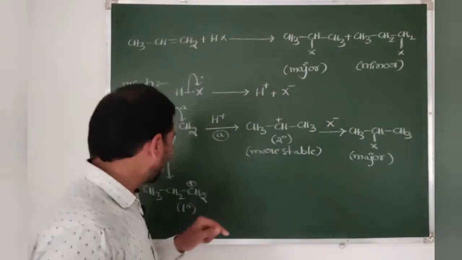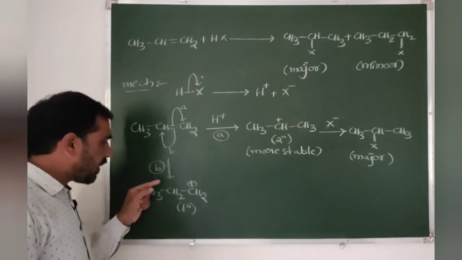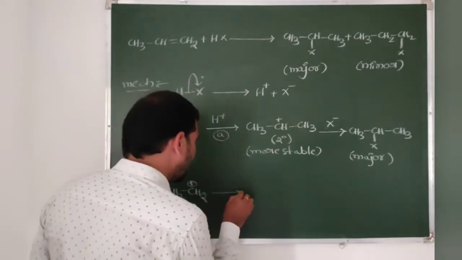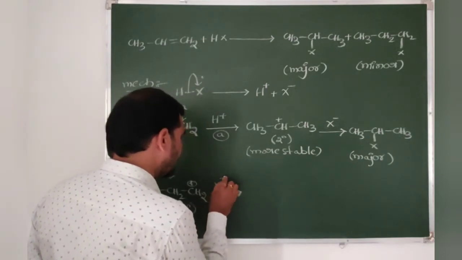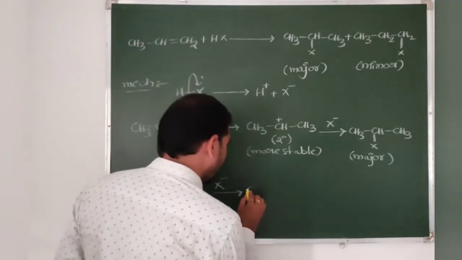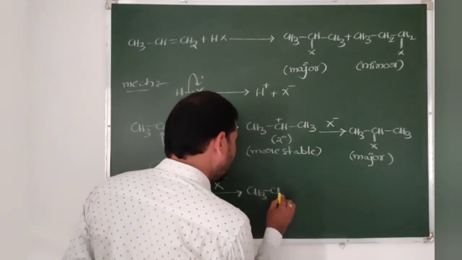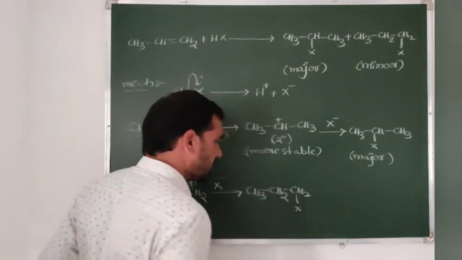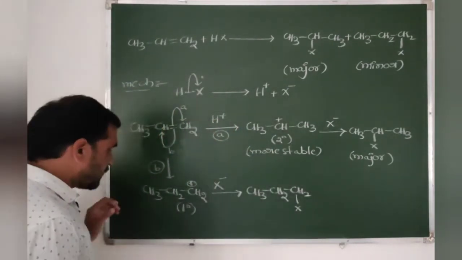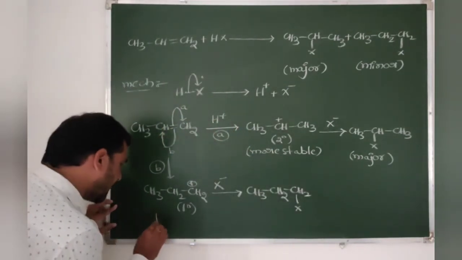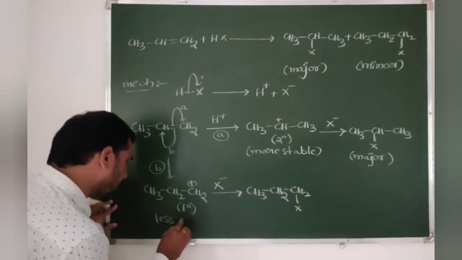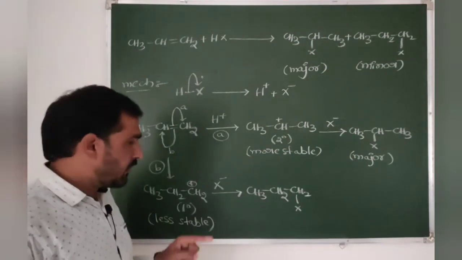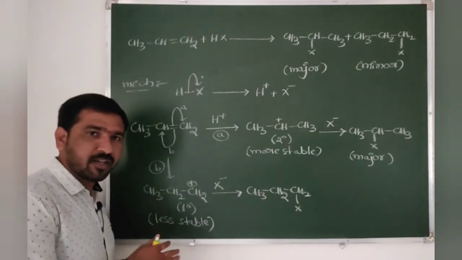Is it clear? Then coming to path B. In path B, we got 1-degree carbocation. After addition of X minus, then it results CH3 CH2 CH2 X. This is 1-degree carbocation, less stable carbocation, right? A less stable carbocation or intermediate will produce what?